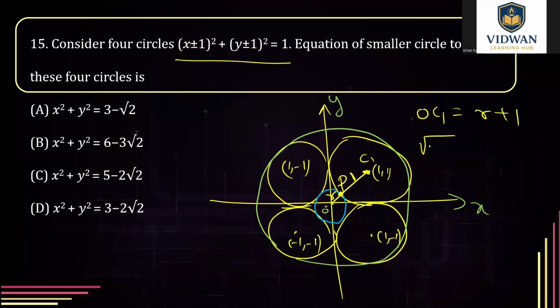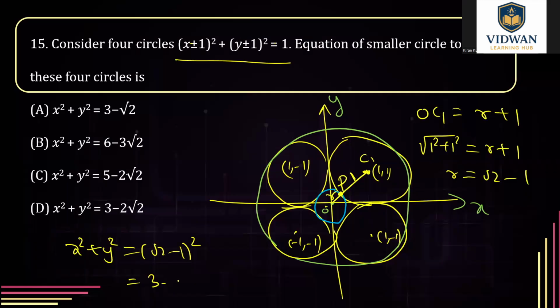So root of 1 square plus 1 square equal to R plus 1. R is equal to root 2 minus 1. And center is origin by symmetry. So the required circle will be x square plus y square equal to R square, that is (root 2 minus 1) whole square, which is nothing but 3 minus 2 root 2 upon expanding. So D is the correct answer. So this is easy only. The only thing is you have to draw the diagram properly.